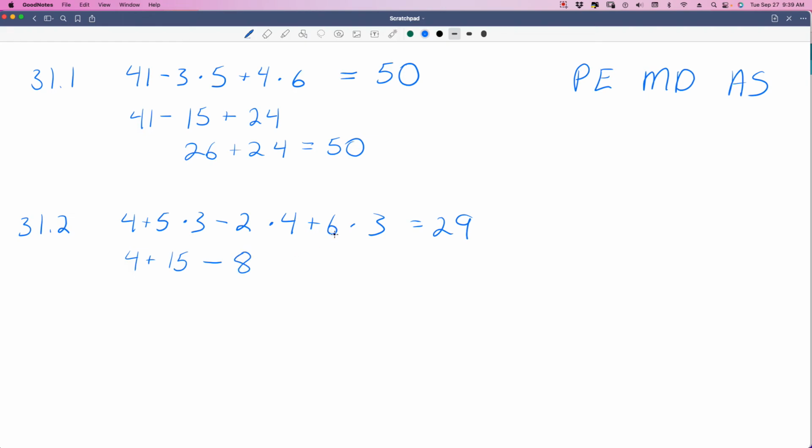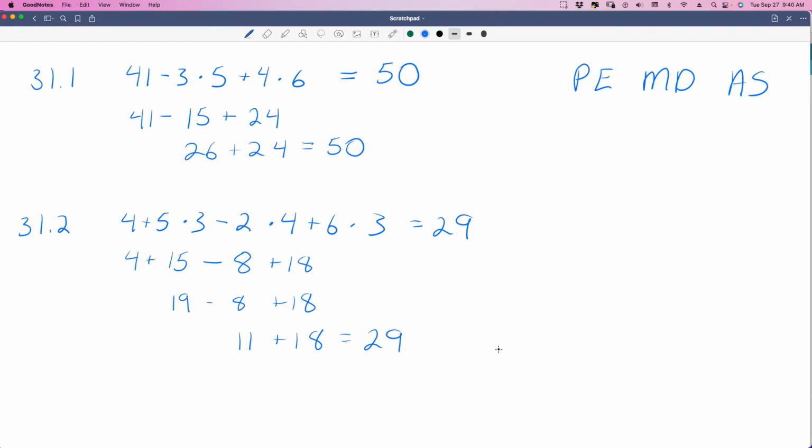And now we have a positive 3 times positive 6, that's going to be 18, so plus 18. Now we don't have any more multiplication, so we can just go from left to right, adding and subtracting. So if we say 4 plus 15, we have 19 minus 8 plus 18. This is going to be 11 plus 18, and that is going to equal 29.